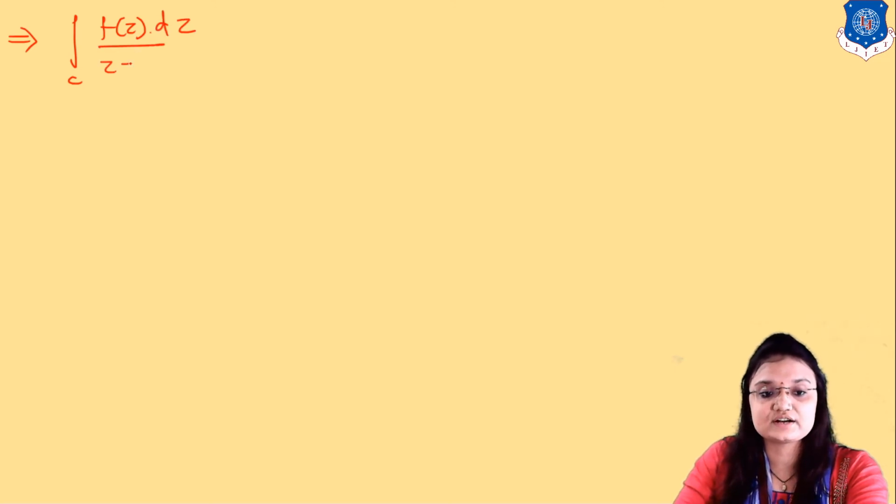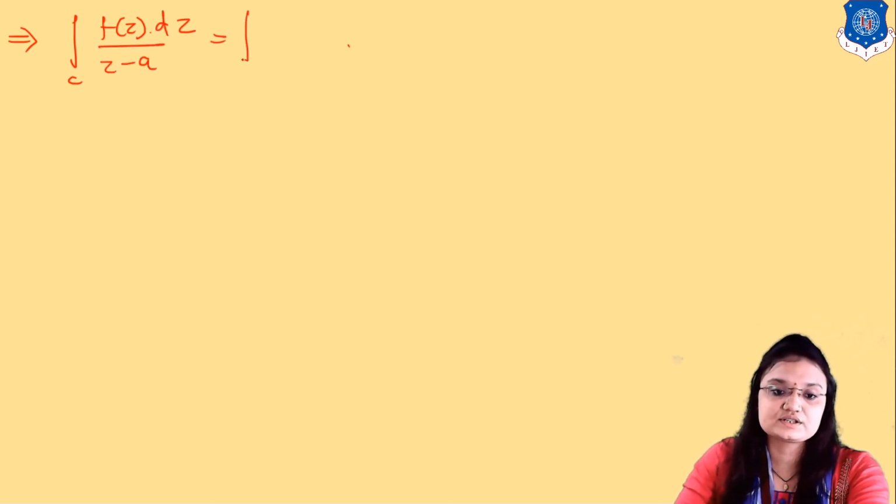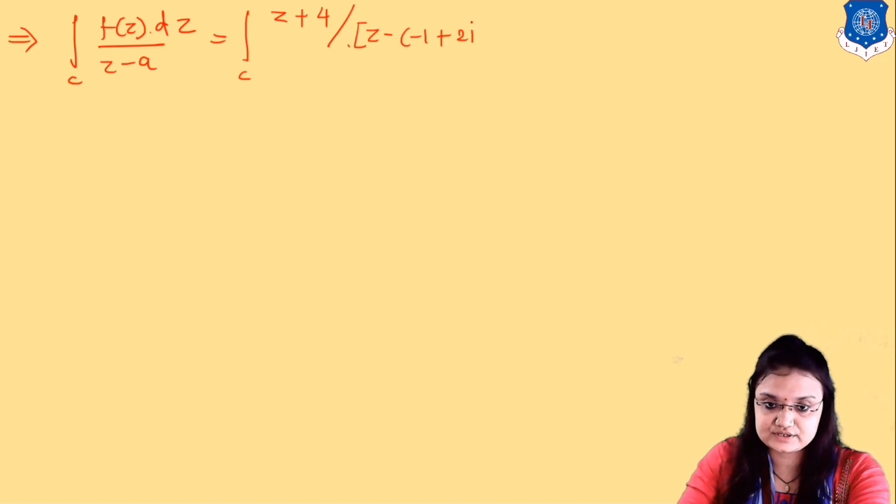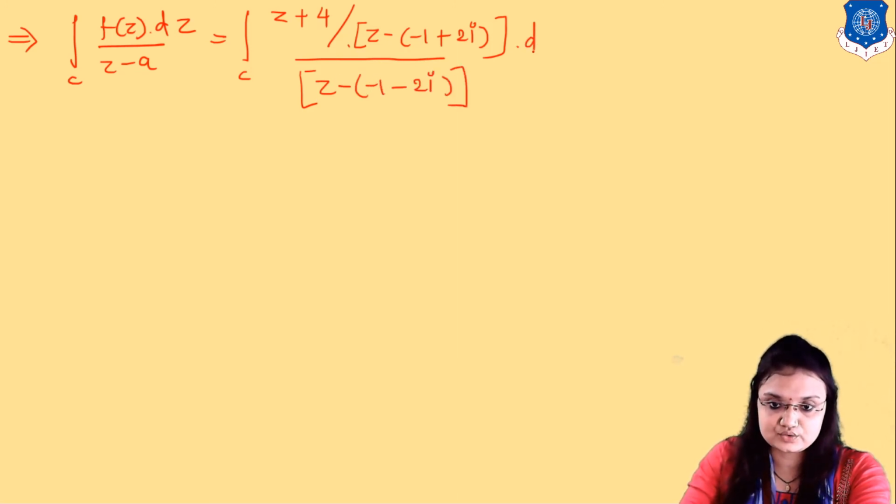Okay, so I am writing in the next line, integration over C of function f of z into dz upon z minus a. So in this question we now have function z plus 4 upon z minus 1 plus 2i, upon z minus (−1 minus 2i) into dz.